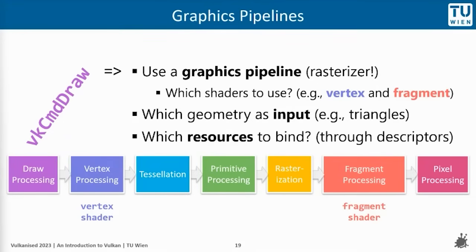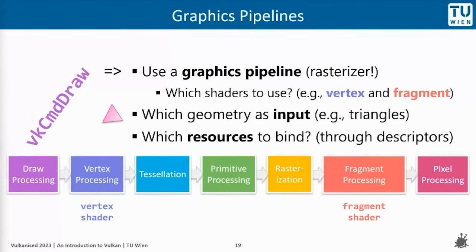For the pipeline creation, we provide some convenience functionality in the framework, so that you only have to pass a few parameters and also the path to the vertex and fragment shader files. You also have to specify which input buffers you're going to use for the draw call and which resources you are going to bind through the descriptors.